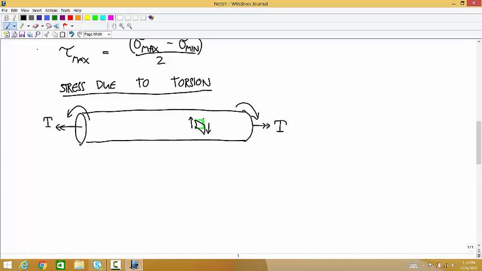And then for it to be in equilibrium, you also have to have one like that and like that.